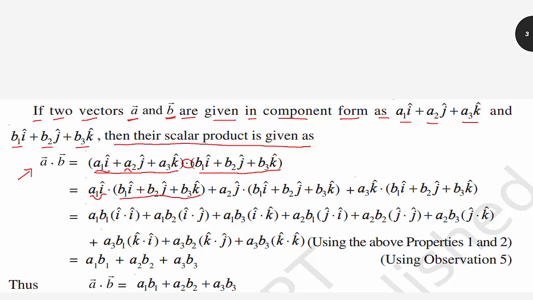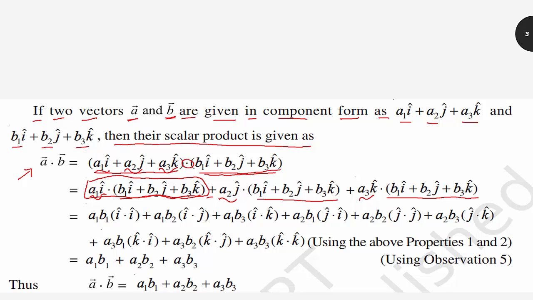Next, they take a2 j cap and again make a dot product with b1 i cap plus b2 j cap plus b3 k cap. Next, they take a3 k cap and make a dot product with b1 i cap plus b2 j cap plus b3 k cap. Clear? Okay. Here, first we shall simplify this term.